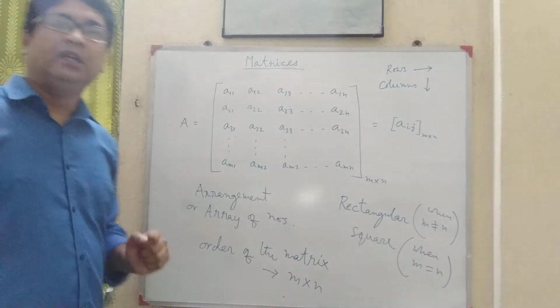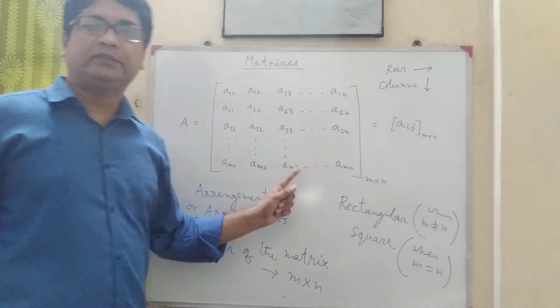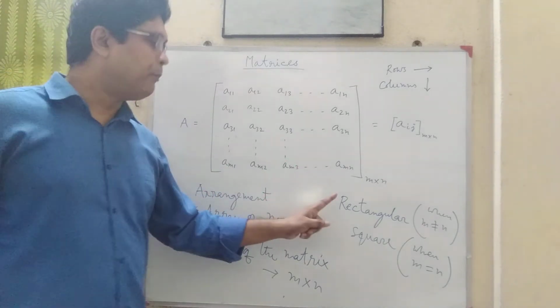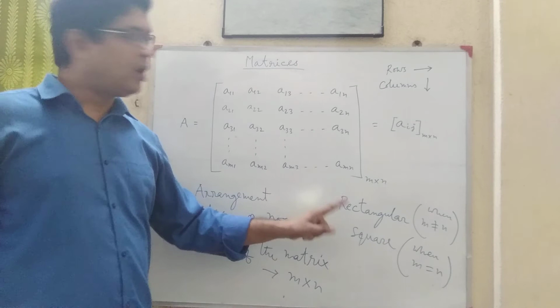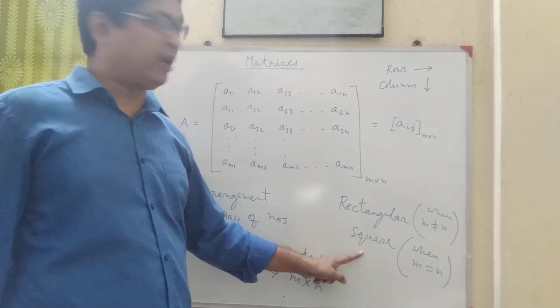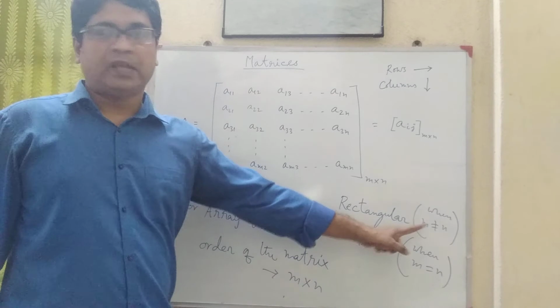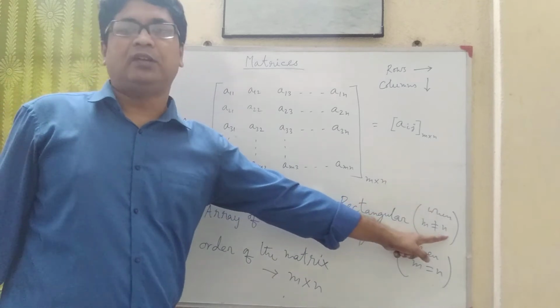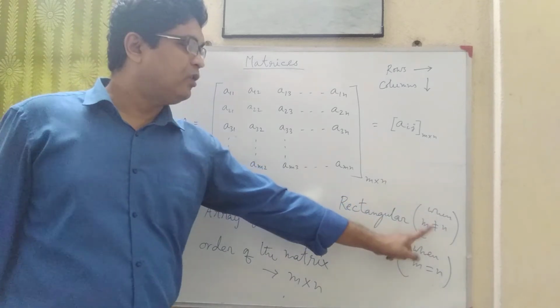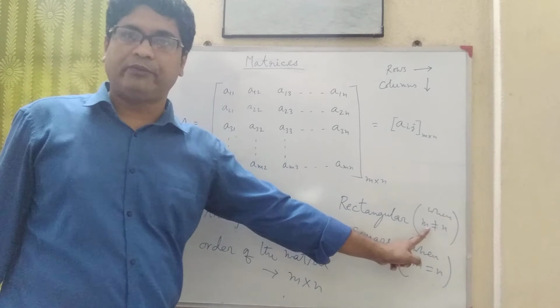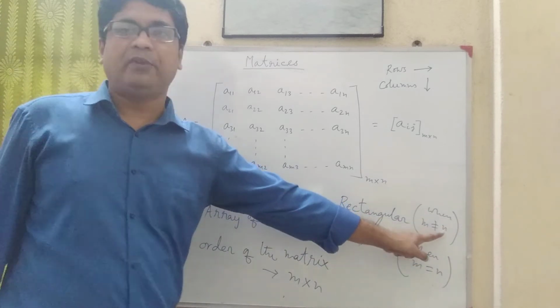Now, obviously, the shape of the matrix may be rectangular or sometimes it may be square. When it is rectangular, the number of rows and the number of columns are not equal. That is when m is not equal to n. M is the number of rows and n is the number of columns.